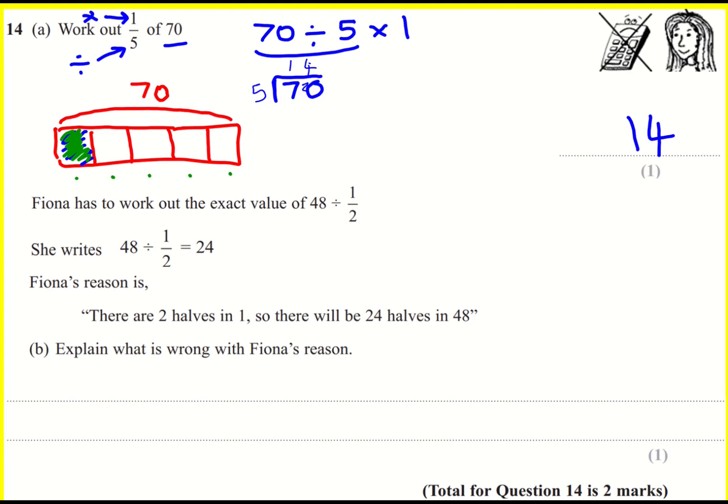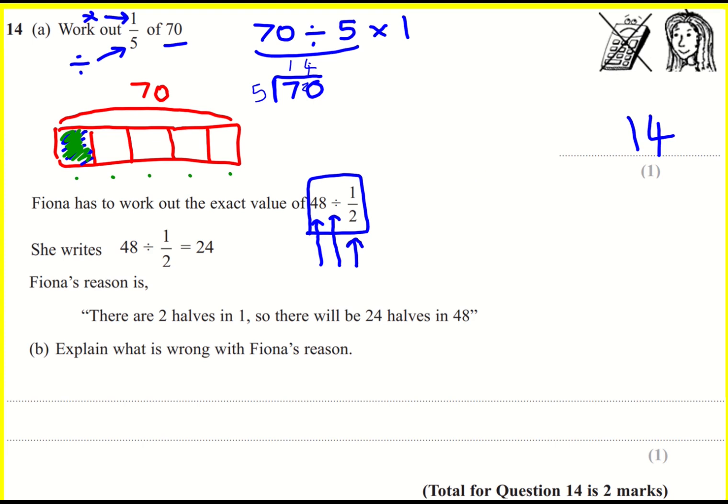Okay, well, I just want to show you something. This question, even though it's kind of written the wrong way round, is saying how many halves are in, that's division, 48. How many halves are in 48?